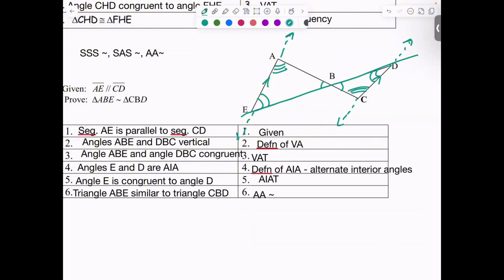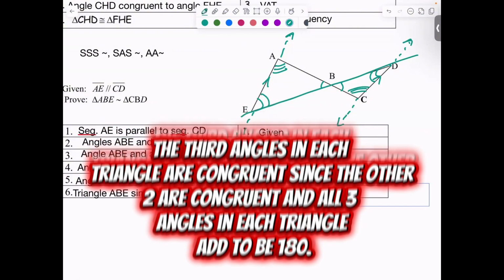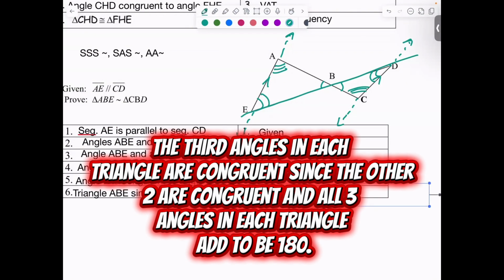But remember, similarity means all angles are congruent and all sides are in proportion to each other, and by proving only two angles are congruent in a set of two triangles, you don't have to worry about that third. We could prove it here just by the situation. However, not needed. We just need two angles that are congruent to each other.